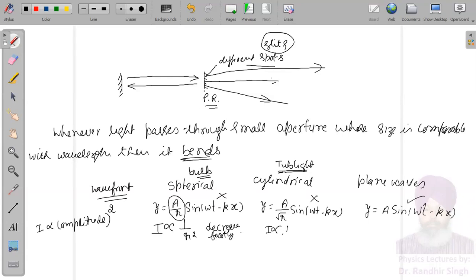Intensity will be proportional to 1 by r, because the amplitude is this, and if you square it, the square root goes away. Here it is only constant, so intensity is constant everywhere. So in case of laser, intensity will not decrease. Even at infinite distance from a laser, the intensity will remain the same.